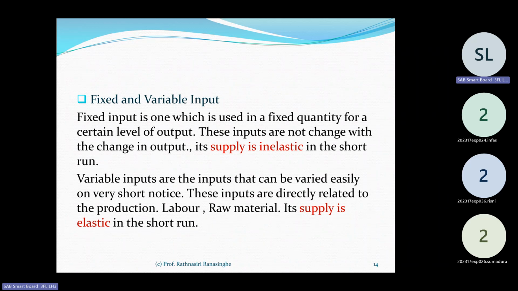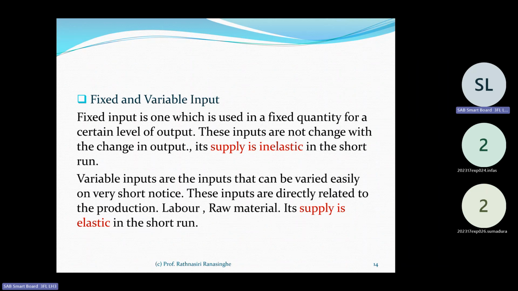In production, as we look at these inputs that we incorporate in the production process, some factors are fixed, some factors are variable. Based on that, we can identify the impact on output growth in the short run and the long run, according to the analysis of the fixed and variable factors.